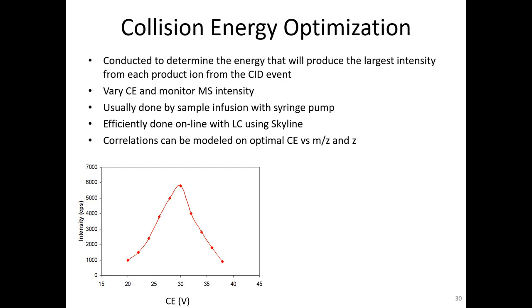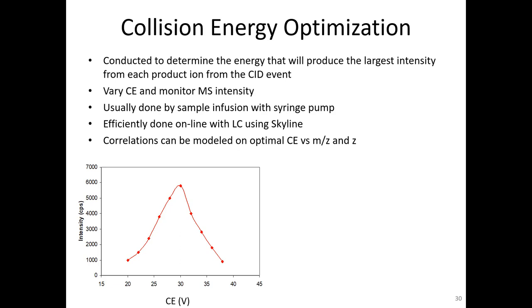Just little fun facts. So when you do collision energy optimization, because you separate and detect these product ions individually, you can optimize for them individually, and they may not all have the same collision energy. So what we do conventionally and historically, but hopefully not so much anymore, is infuse a peptide with a syringe pump, ramp through the collision energy values, and plot the product ions based on their intensity.